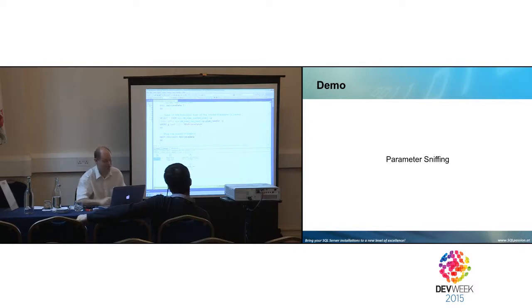So the question is how we can deal with that problem. The easiest solution is of course to provide a covering non-clustered index, just to include those additional columns that we are referencing from the bookmark lookup into the leaf level. Of course here it depends how your query looks like.